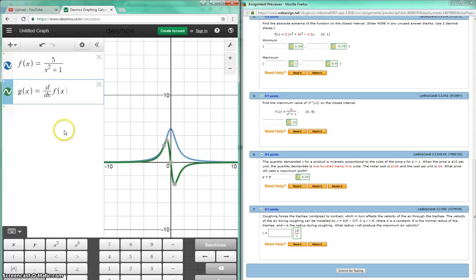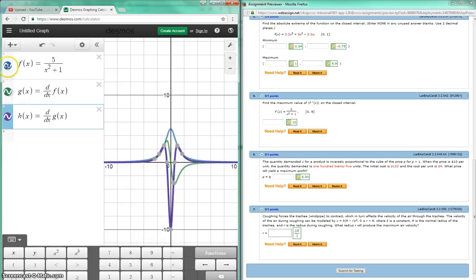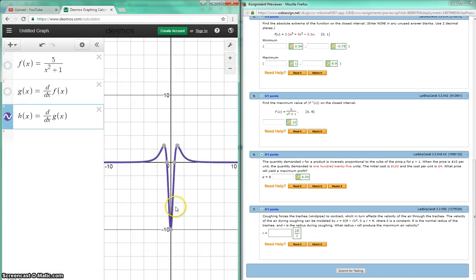Alright, so I see it. I'm going to let h of x be the second derivative of f of x. Oh, so I got this purple thing now, right? So here is my second derivative equation.